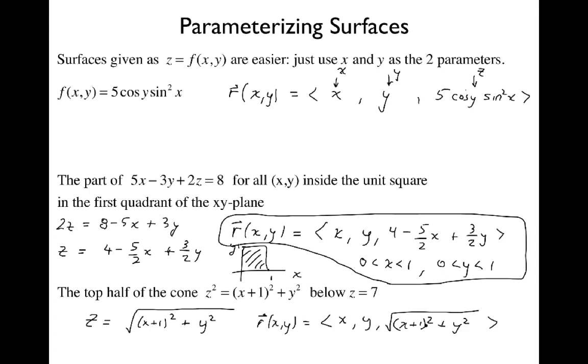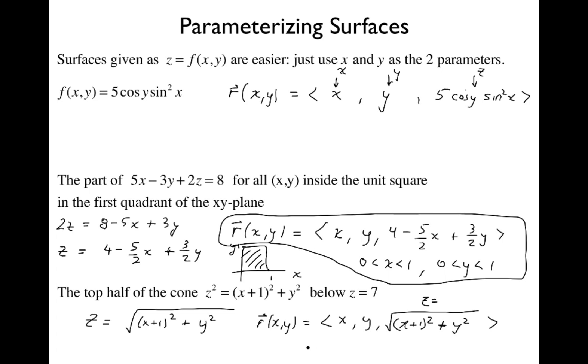And then we would say below z equals 7, so you might think z is less than 7, but you can't really do that because z is not one of our parameters, right? So the restrictions on the surface, like a boundary bounding the surface, have to be expressed in terms of our two parameters. So this could be at most 7.